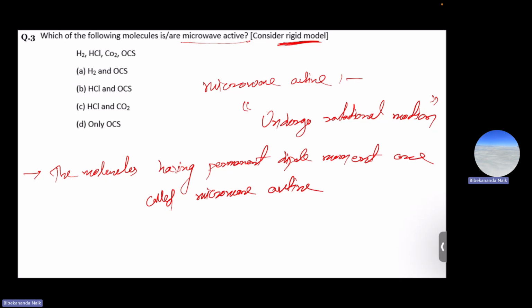Now you can clearly see the molecule H2 consists of two hydrogen atoms, so it won't be microwave active. And there are other molecules: CO2, HCl and OCS.